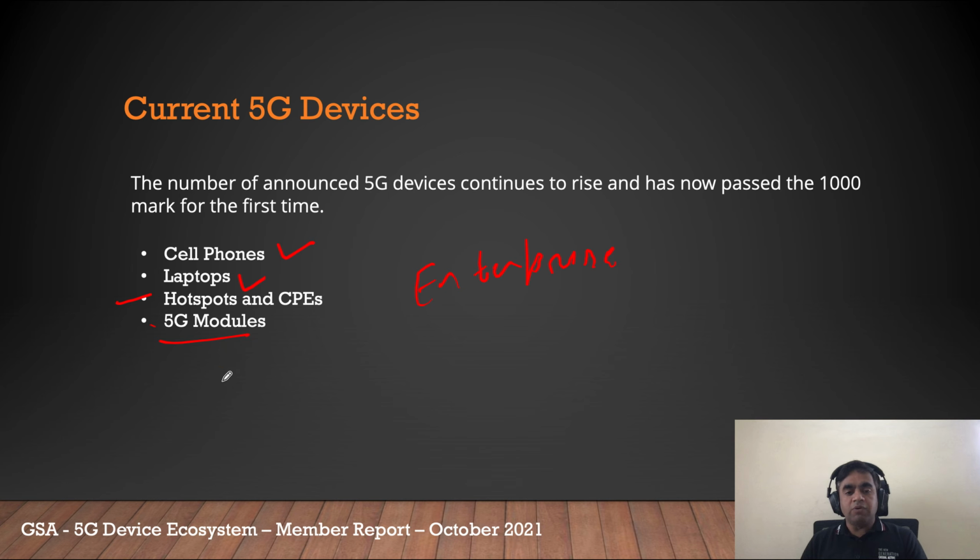These 5G modules are nothing but it enables a sensor to connect to 5G and deliver the data to its application layer.